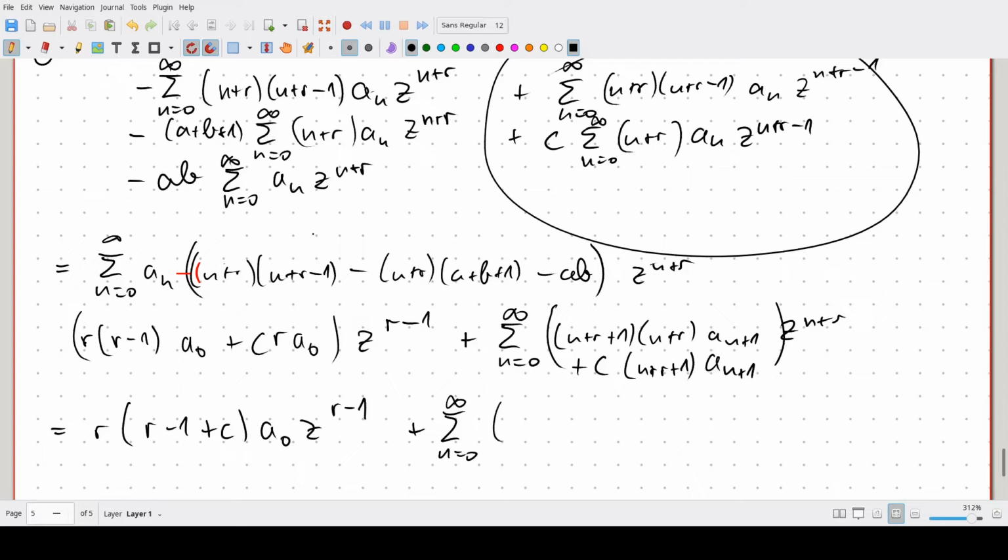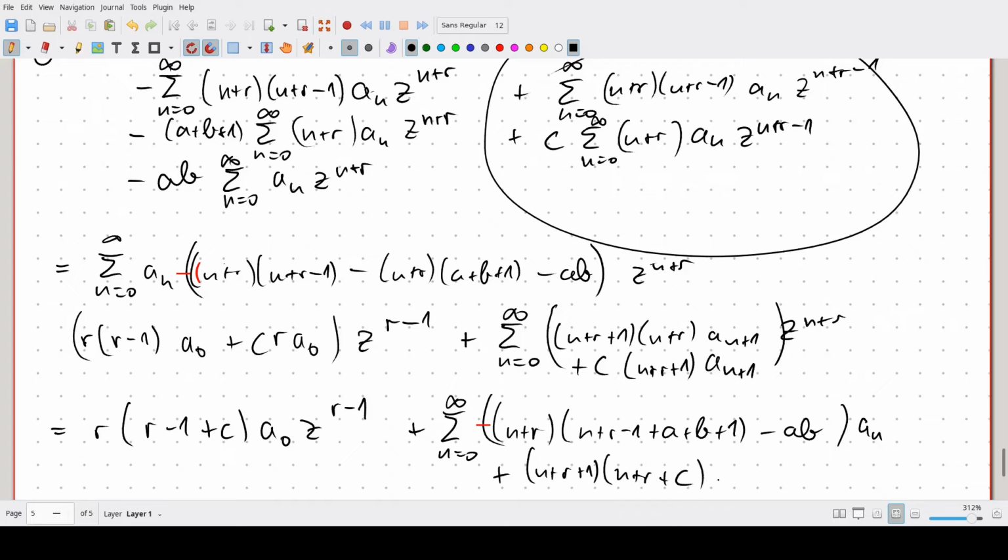We have n plus r minus 1, minus, okay, we can really put these together, a plus b plus 1, minus ab, times a n, plus n plus r plus 1 times n plus r plus c, a n plus 1, z to the n plus r.